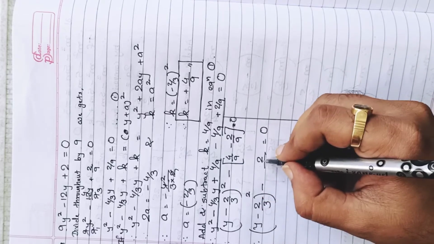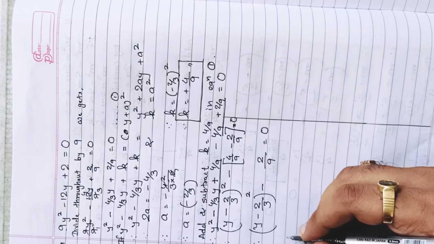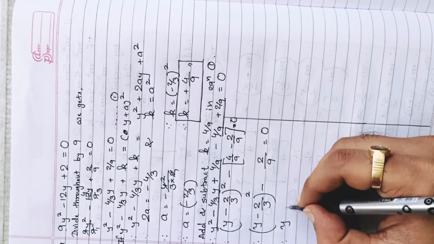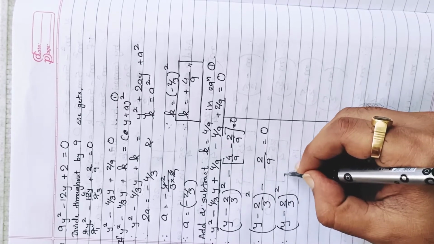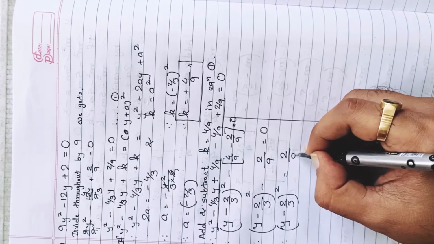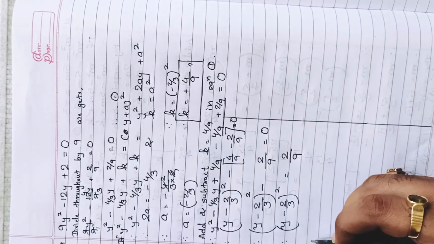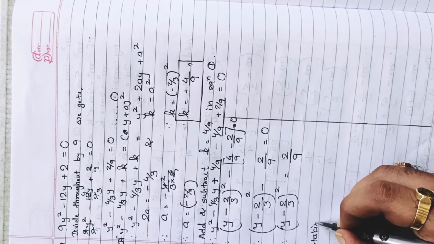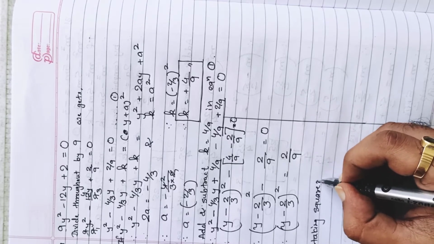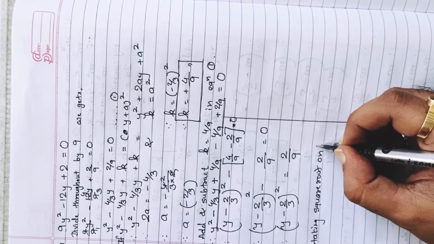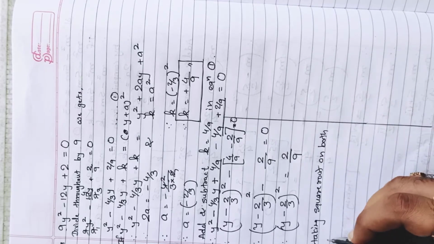Now to isolate it, minus 2 by 9 will go on the other side. Therefore y minus 2 by 3 the whole square equal to plus 2 by 9. Now taking square root on both sides.